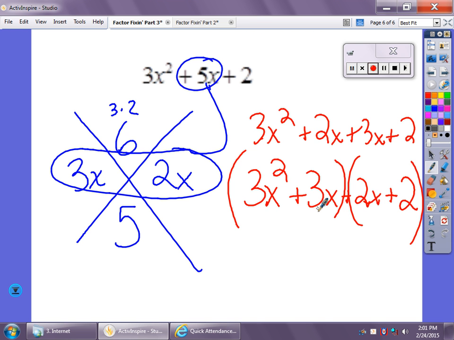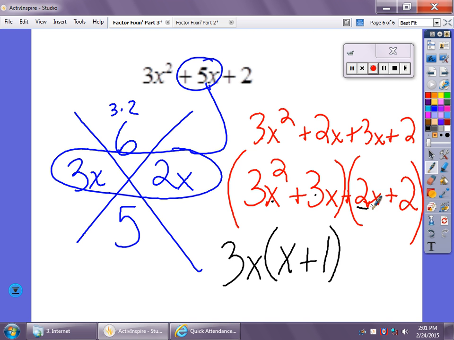Looking at this pair here, they both have a 3. They both have an x. When I get rid of the 3, that's a 1. When I get rid of one of these x's, I'm still left with x. Okay? I got rid of the 3. I got rid of the x. Everything cancels. In division, when everything cancels, it's a 1, not a 0. Remember that.